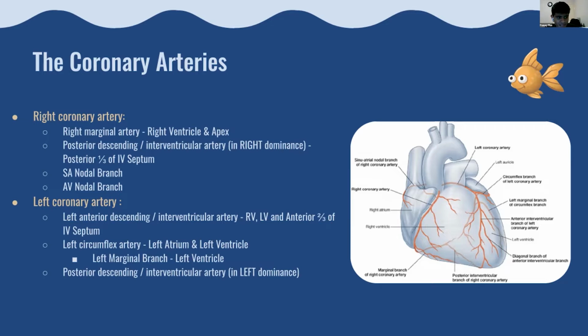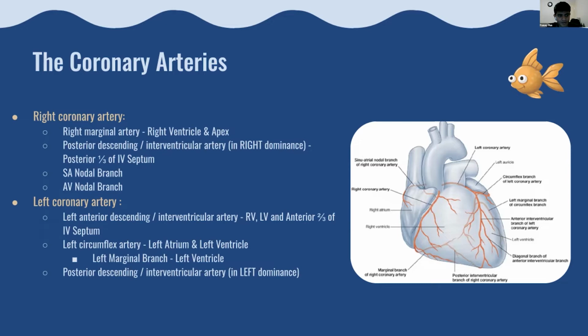Basically, the arteries are split into right and left coronary arteries, which are the major branches, and then they are divided into many small segments. All of these segments are very important to the functioning of the heart, but in questions, you're probably mainly going to be seeing questions regarding the interventricular arteries, but I'll talk about that in a bit.